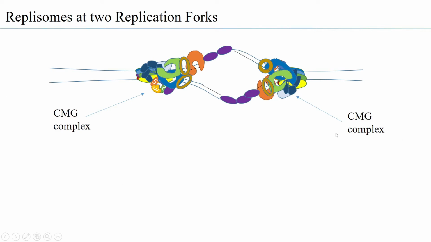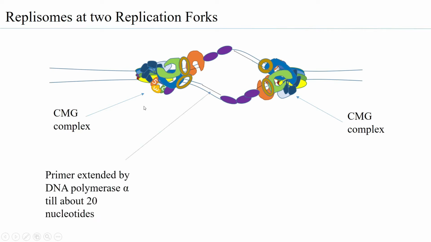This is essential, and all along through the entire elongation process, once the replisome complex has the CMG complex, the CMG complex is present all through the elongation process. So it is always part of the replisome at the replication fork.